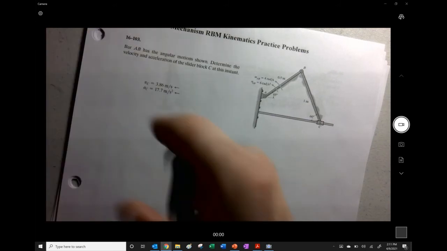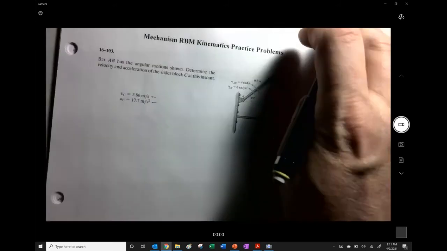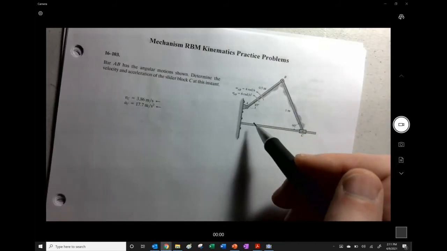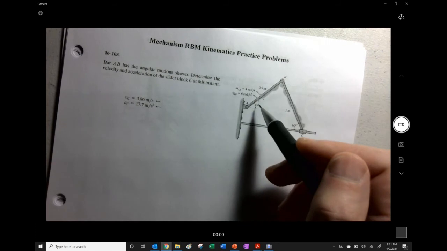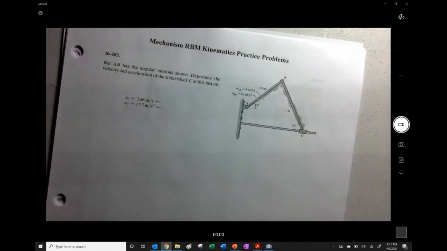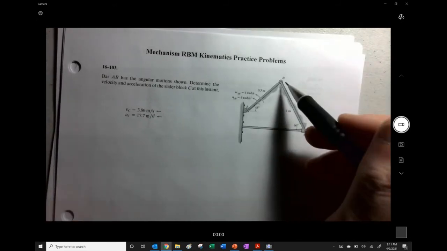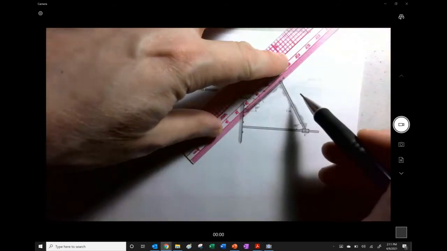All right. So let me go back to this one. Let's start off. We have to do a velocity analysis, and I think the easiest way to do it in this is to do an ICR, I'm going to guess. Although this will be a little bit challenging.